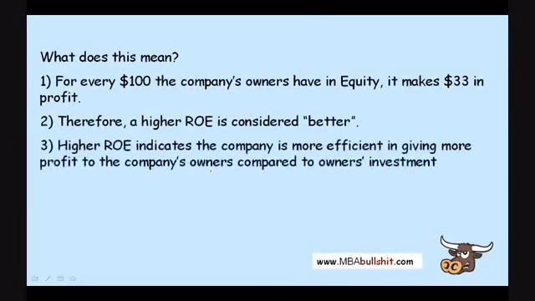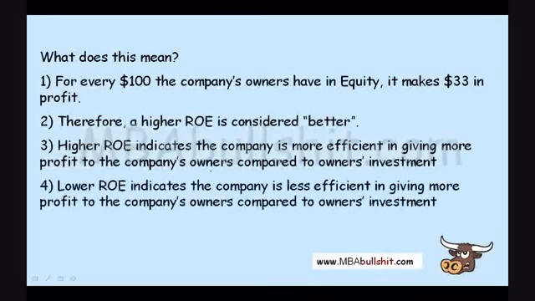A higher ROE indicates that the company is more efficient in giving more profit to the company's owners compared to these owners' personal investment in the company. Now, a lower ROE indicates that the company is less efficient in giving more profit to the company's owners compared to their investment of their personal money into the company.